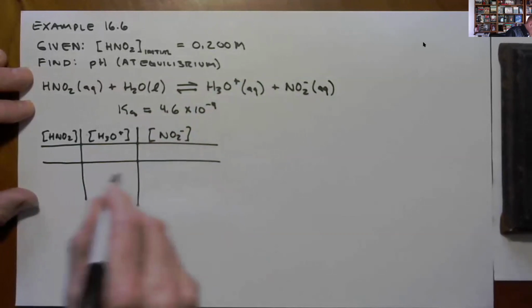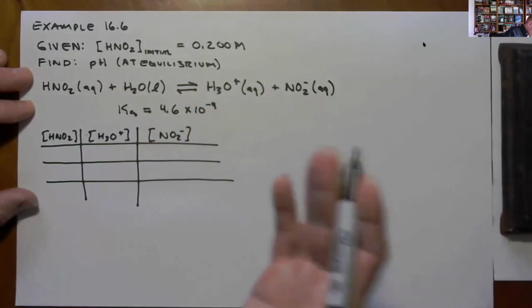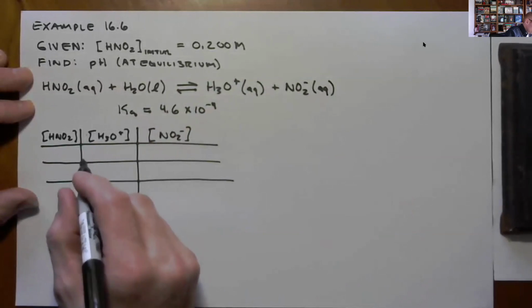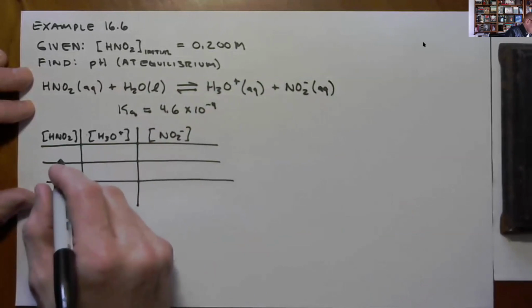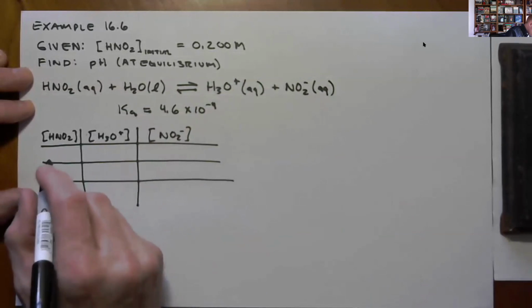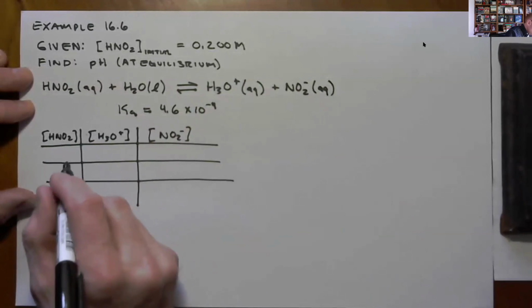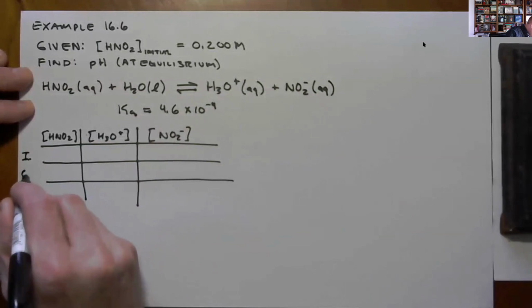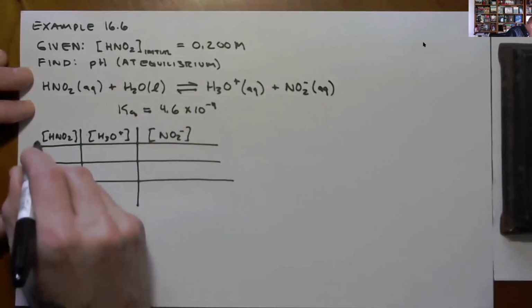You do enough of these, and what you find, at least for weak acids, is that in the end your ice table looks the same, and you can pretty much just jump to the fact that I'm going to be solving the same type of quadratic equation again and again and again, and it's just a question of whether or not I'm justified in the X is small approximation. So initial, change, and equilibrium.